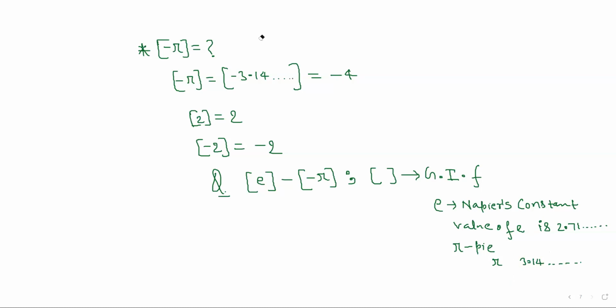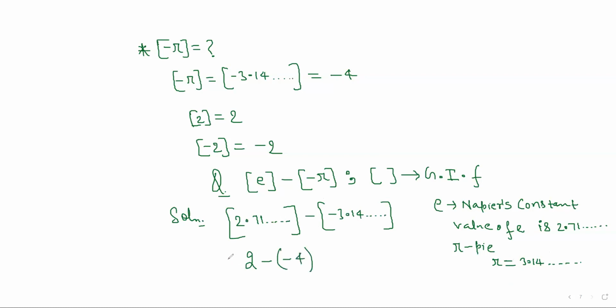So the GIF of 2.71 and so on, minus the GIF of 3.14 and so on. This is 2 minus minus 4, which is 2 plus 4, equal to 6.